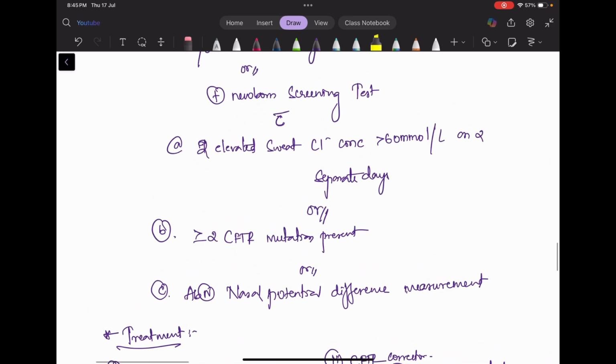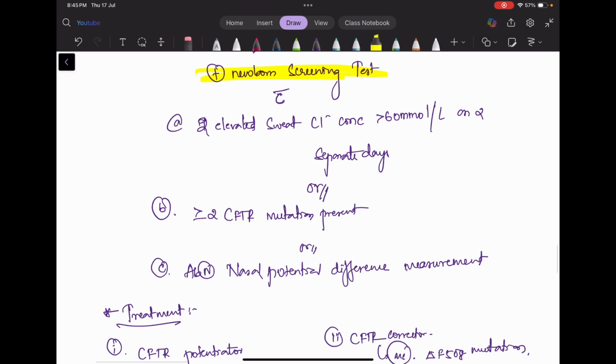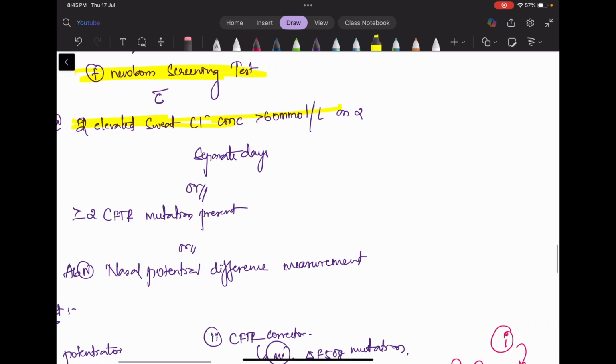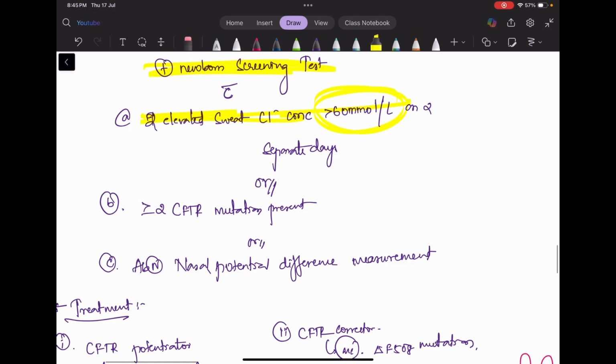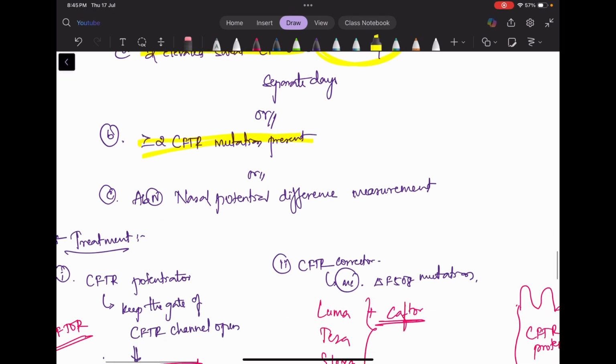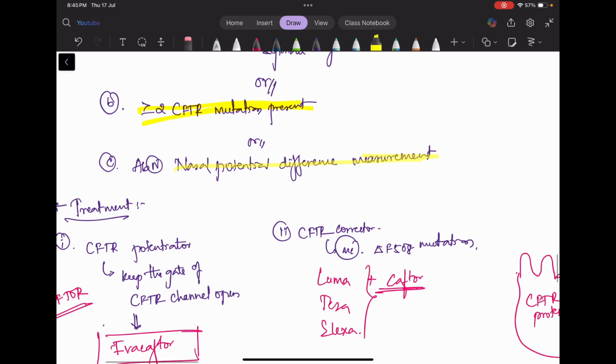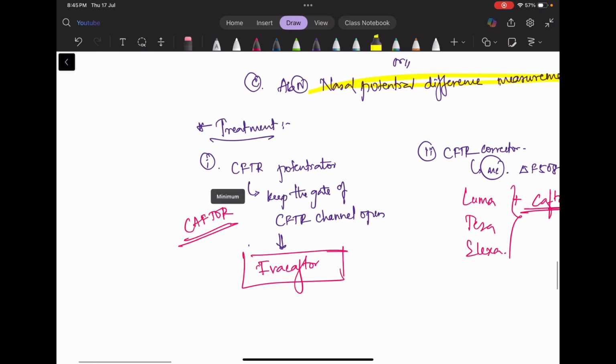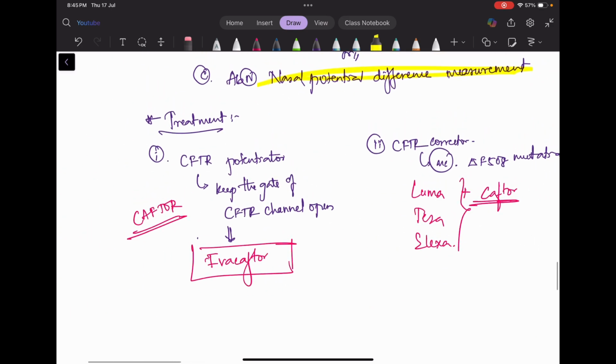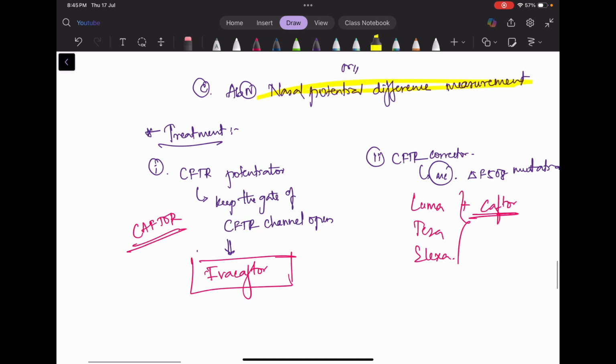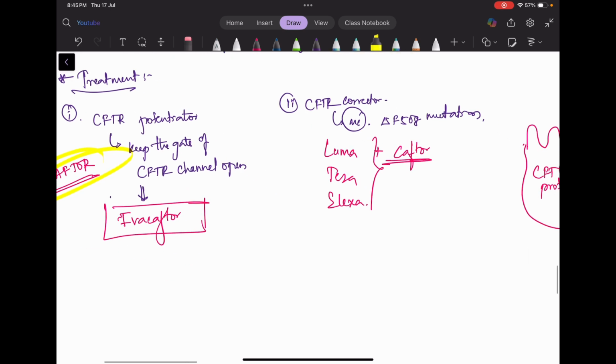You will remember, mainly remember the newborn screening test, 2 elevated sweat chloride concentrations above 60, this is important, on 2 separate days, more than 2 CFTR mutations, and even nasal potential difference measurements, right? So we even diagnosed it. Then we came to treatment. We came to know that these are caftors: Ivacaftor, Lumacaftor, Tezacaftor, Elexacaftor.